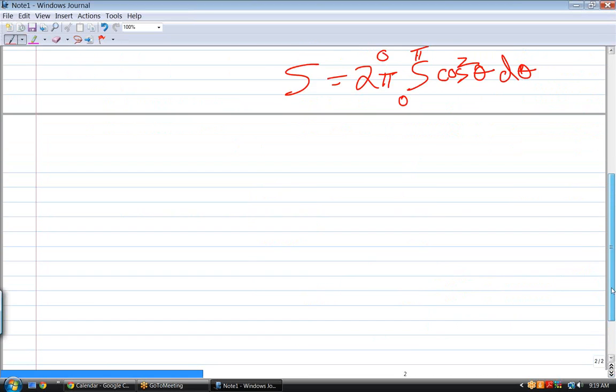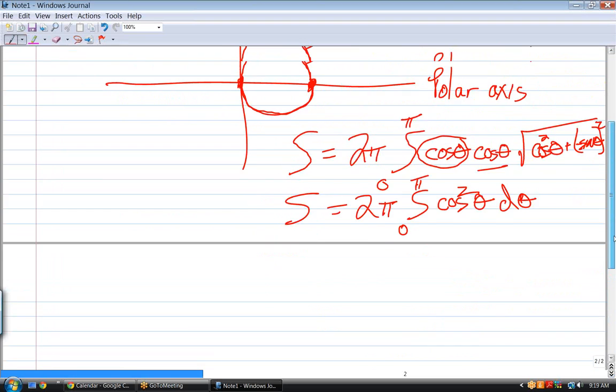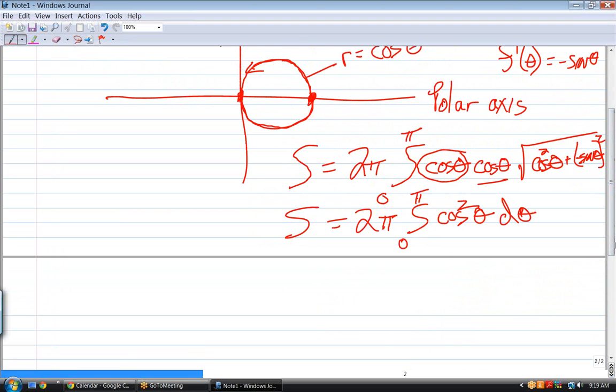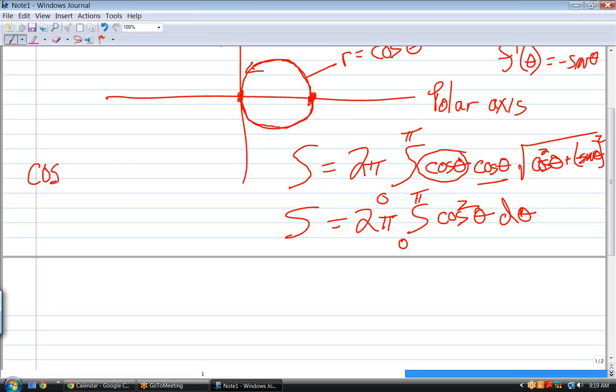Here, I'll bring it back in here. Just wanted to create a little room. Okay. Now let's go over and remember our trig identities.